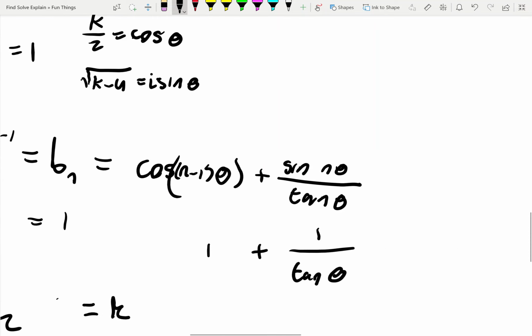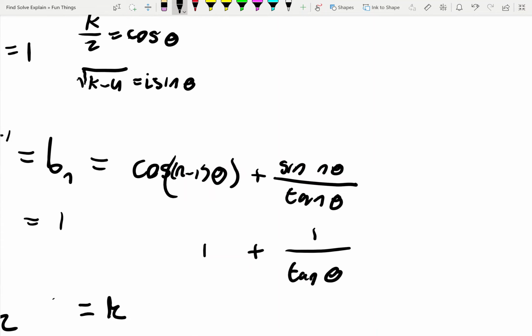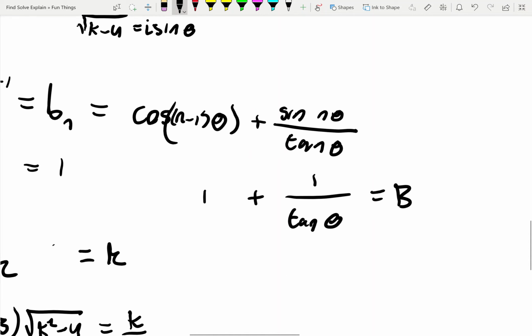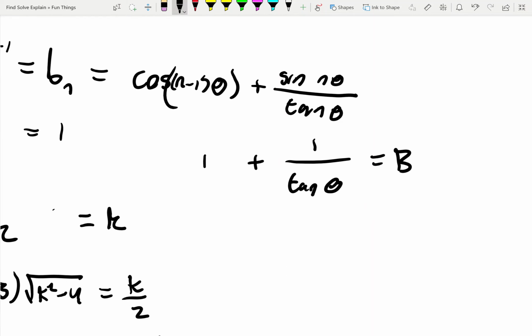So this sets a bound, and this can also be larger, which is equal to b. And this will also, in certain cases of theta, because of 1 over tan theta, if tan theta is incredibly small, can be greater than 2020. And so we are done.